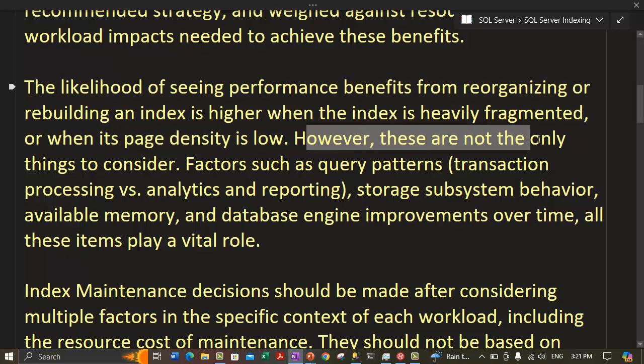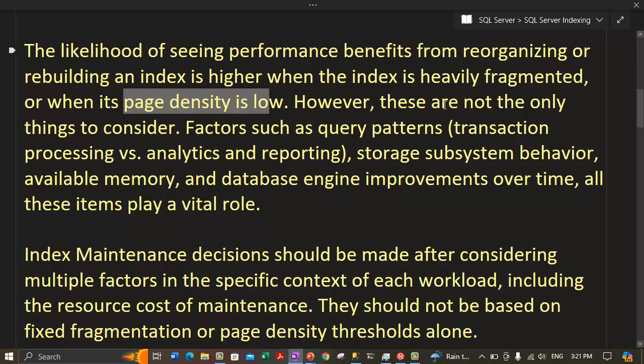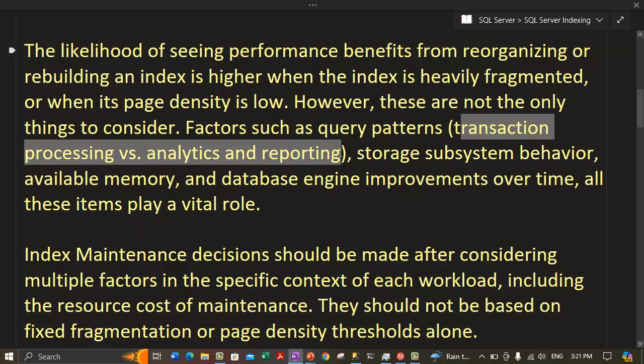However, these are not the only things to consider. We should not only consider these two things, page fragmentation and page density. These two should not be the only factors to consider before you go for index maintenance. There are other factors as well, like query patterns, basically transaction processing versus analytics and reporting.